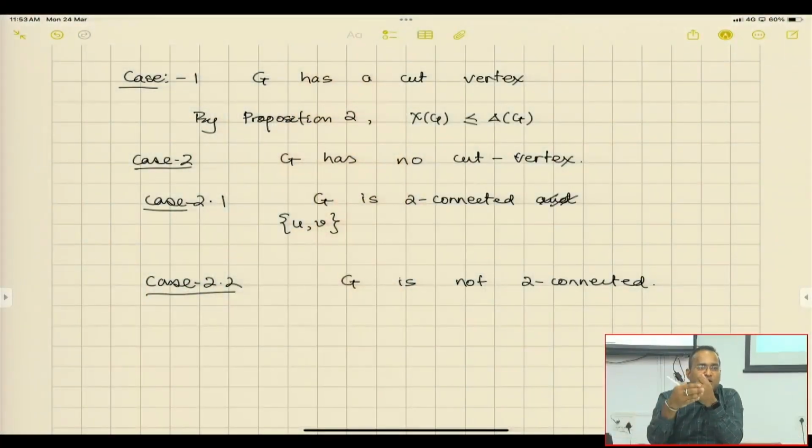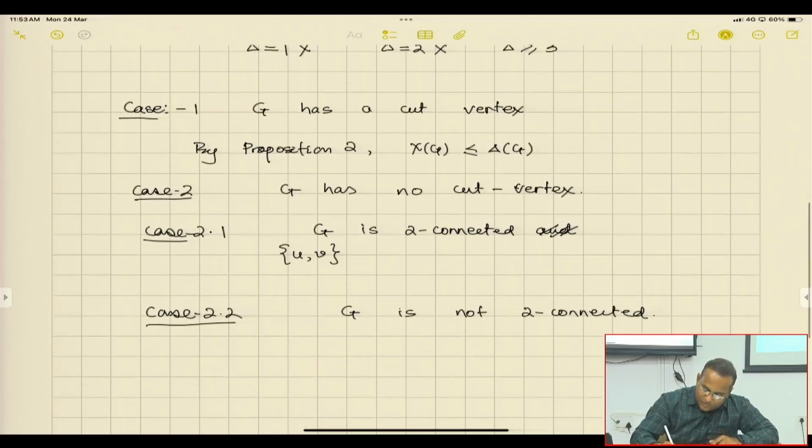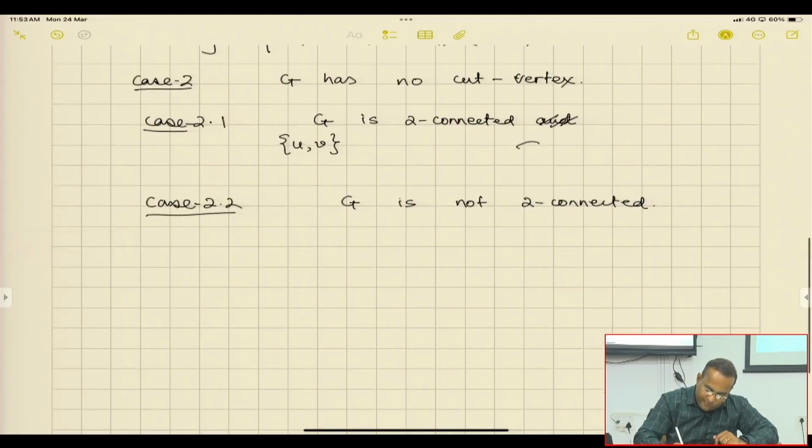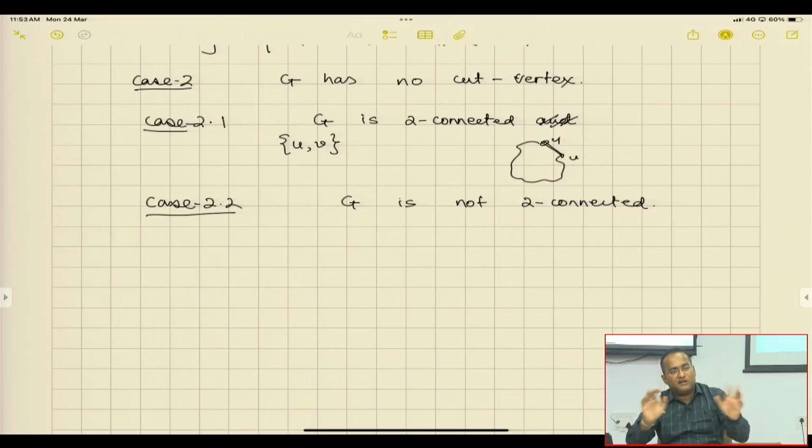By proposition, if U and V are not adjacent, by proposition. If U and V are adjacent, then already we are making them adjacent, right, to make them other colors? So what we did in the earlier proof, we have this U and this is V, then we are trying to make these two adjacent and proving, right?